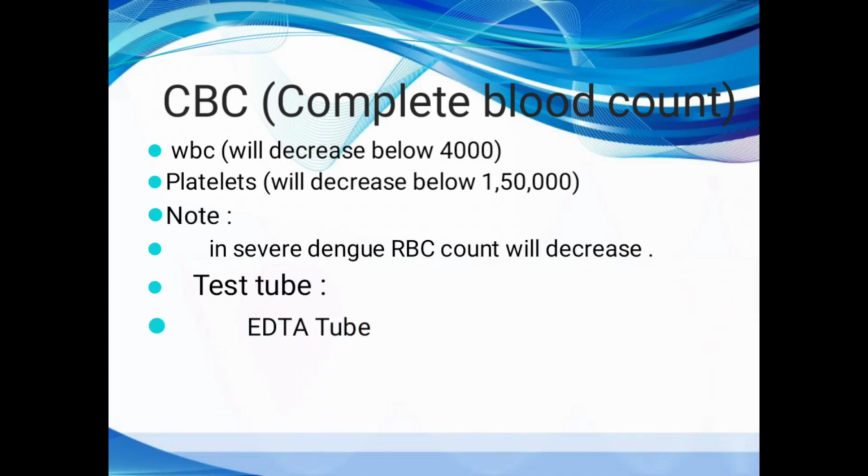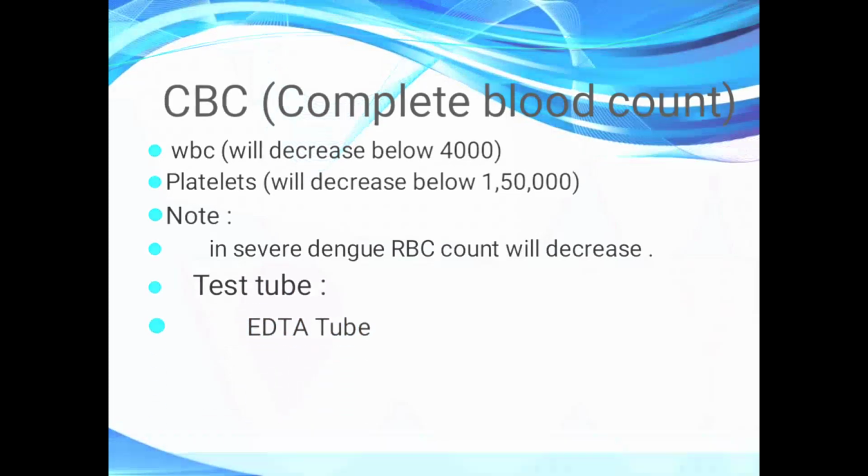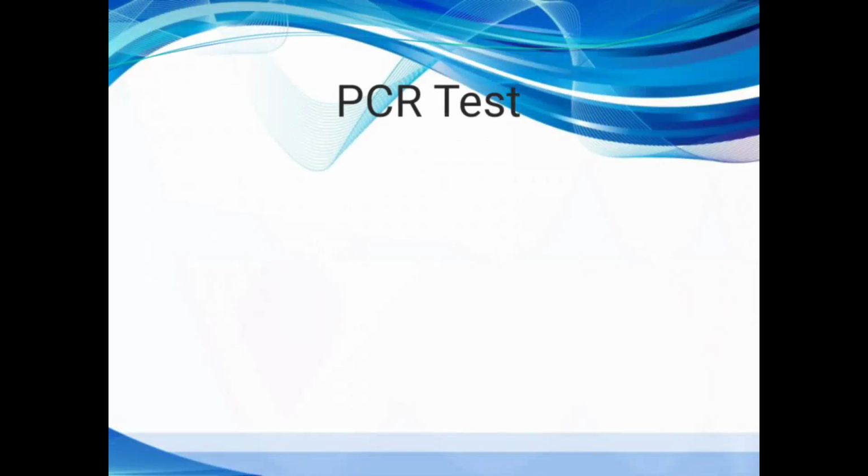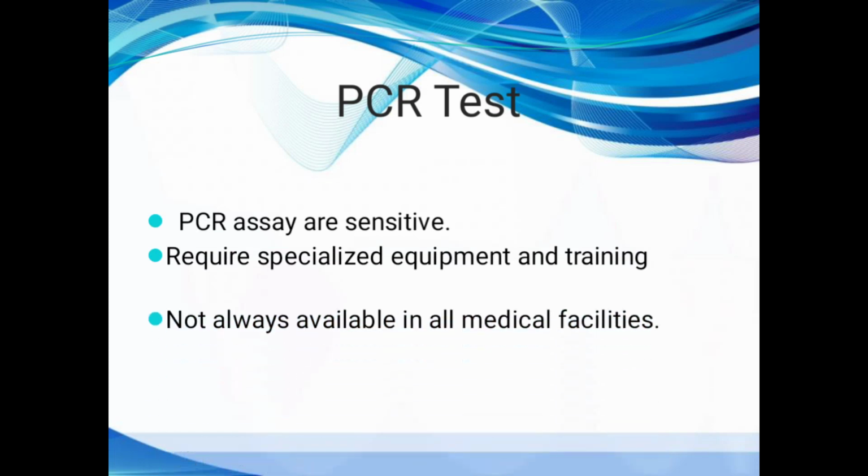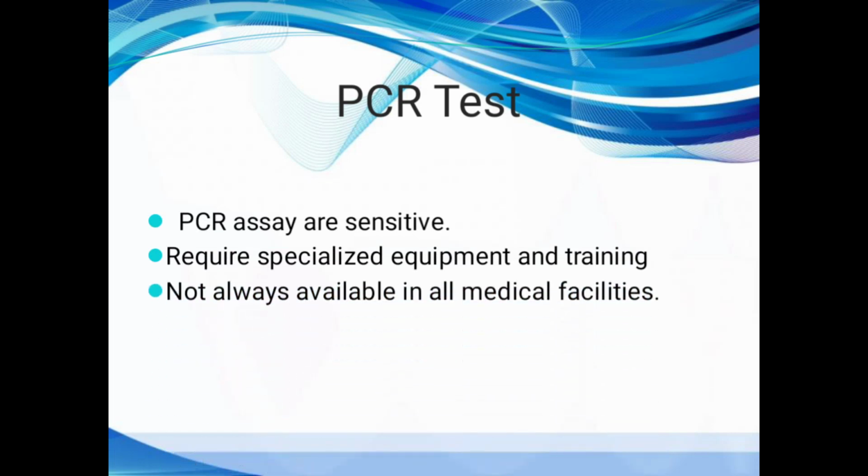Test tube used is the EDTA tube. The second one is the PCR test. PCR assays are sensitive, require specialized equipment and training, and are not always available in all medical facilities. Test tube used is the gel tube.